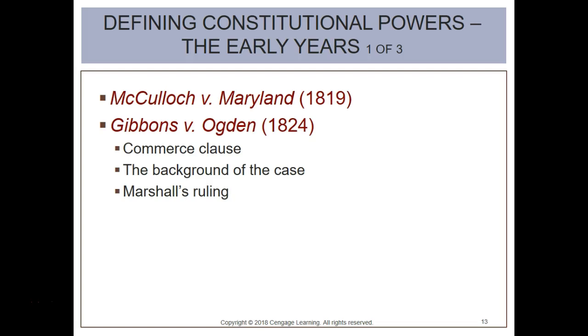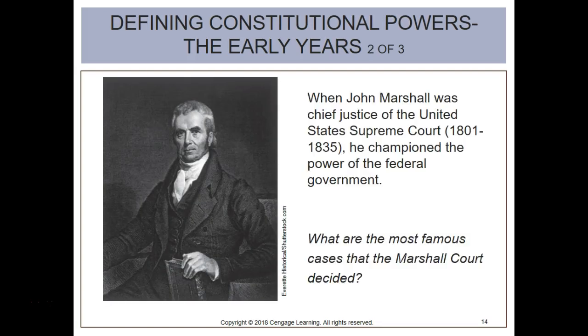So two things: Marshall defined what commerce was in terms of commercial transactions and business dealings, and also that the power to regulate those types of activities was exclusive to the federal government. And there's a picture of Chief Justice John Marshall, a very famous character in the Supreme Court.